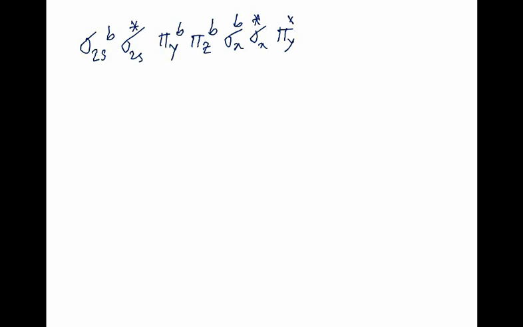We can represent it by sigma 2s bonding, sigma 2s antibonding, pi y bonding, pi z bonding, sigma x bonding, sigma x antibonding, pi y antibonding, then a pi z antibonding, and lastly sigma x antibonding.